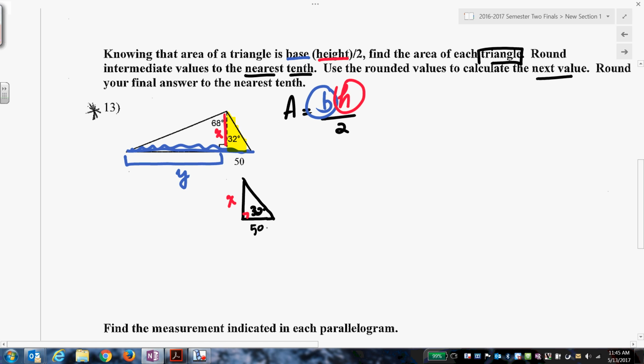So we ask ourselves, have, need, do. We have the adjacent. We need the opposite. I have an OA combo. So that's TOA. Let's write your equation down. It's tangent of theta over 1 equals opposite over adjacent.